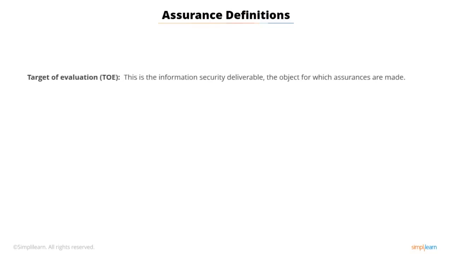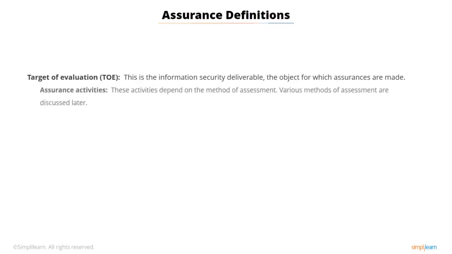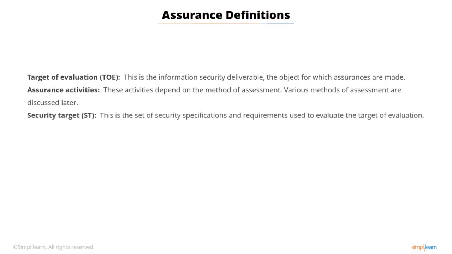Now, when doing your risk-based audit, there are some definitions you need to have in mind. Target of evaluation. This is the particular information security deliverable, the object for which assurances are made. What is it you're testing? Assurance activities are the things you use to test, the methods of testing. We'll discuss those at length later on. The security target.